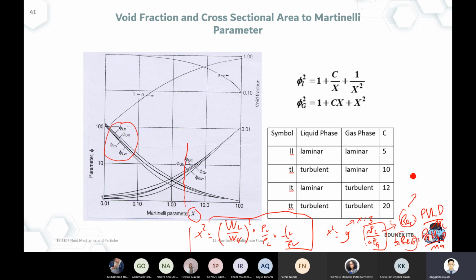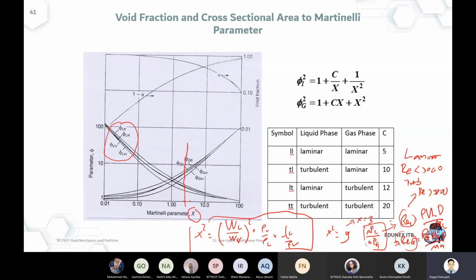I can't remember the boundary very easily, but I think laminar will be less than 3000, if I'm not mistaken. That's laminar. And for turbulent, maybe the Reynolds number will be higher than 5000 or so. Once you match those numbers, now I know that both of them are turbulent, for example.